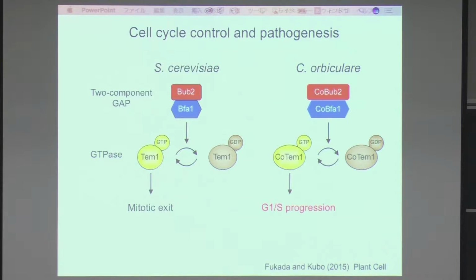And very recently, we have found that the development of the appressorium, the infection structure, is under strict cell cycle control.